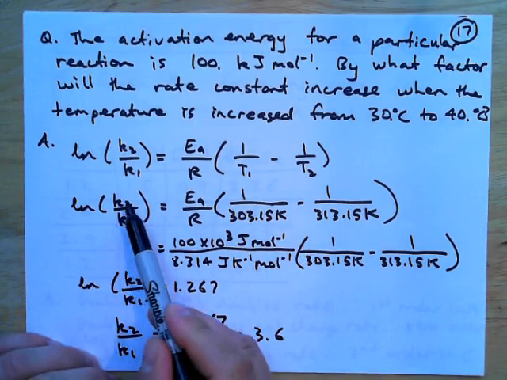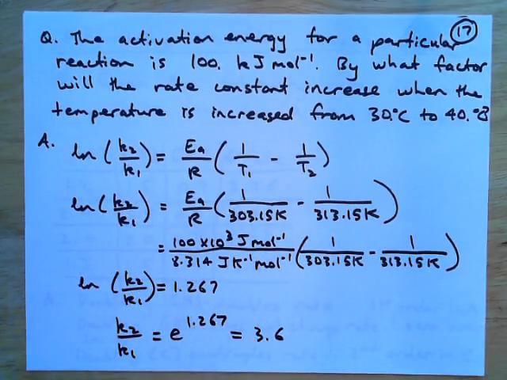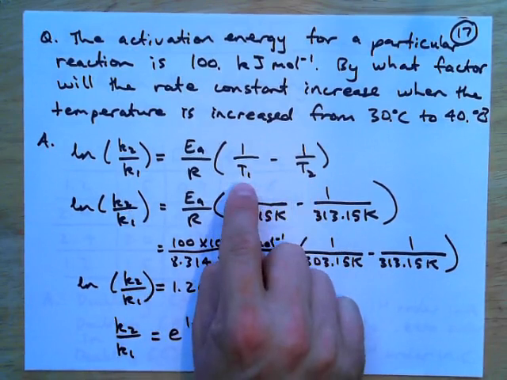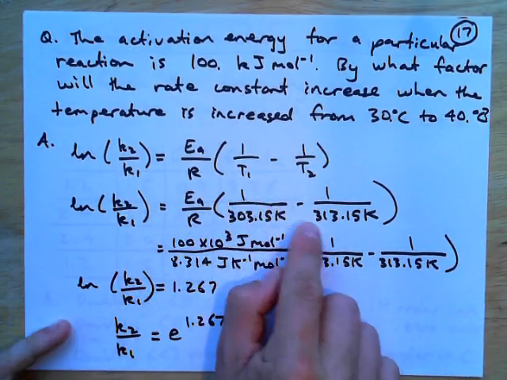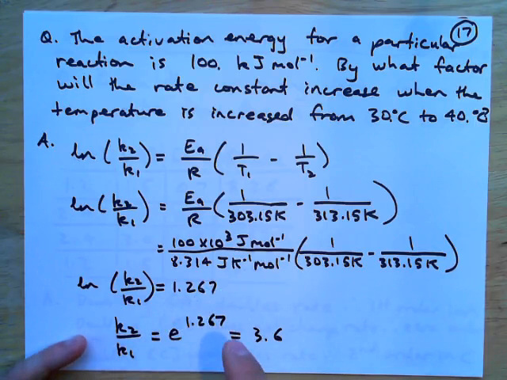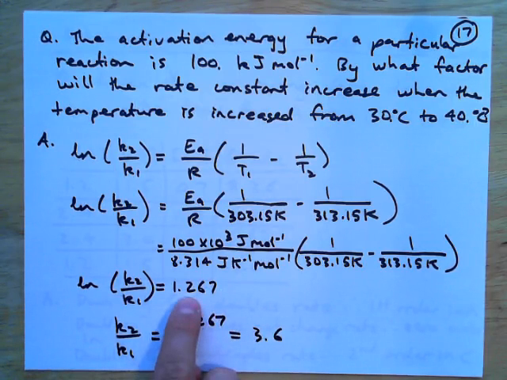Now, if you notice, I've got the k2 here on top and the k1 on the bottom. That means that the T2 must come second here and the T1 comes first. So be careful when you put in these values. If at the end of this you actually get a negative number, then it's okay. You can just take the reciprocal right at the end here. So if this came out as a negative at this point, then you would just have to reverse this.